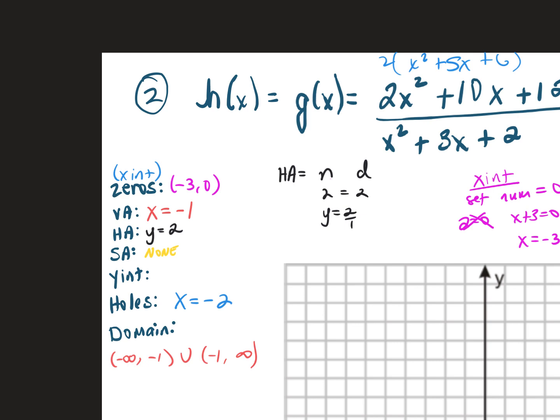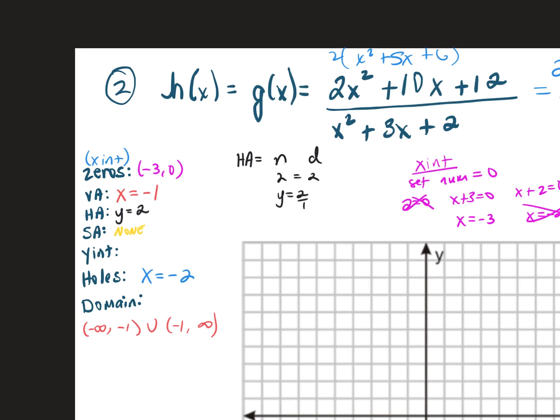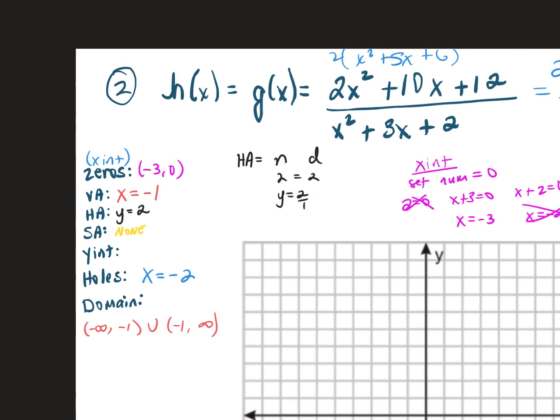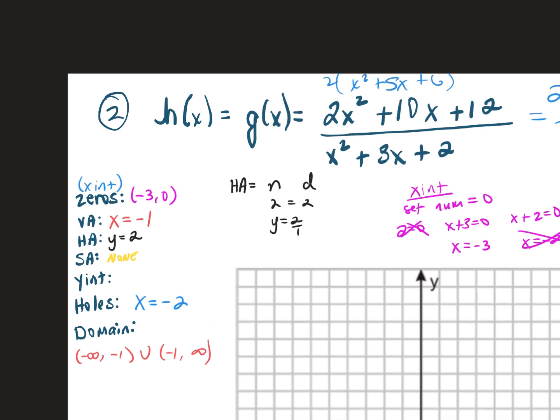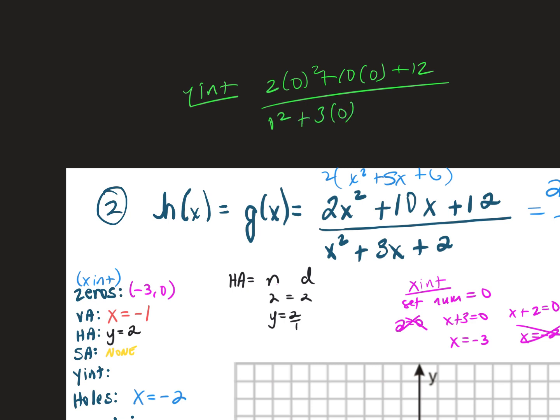Now you'll see, once we figure all this stuff out, this makes your graphing really easy once you identify the stuff. The last thing we need to do is our y-intercept. That's where the graph crosses the y. How do we find the y-intercept? You plug in 0 to everything. So 2 times 0 squared plus 10 times 0 plus 12 over 0 squared plus 3 times 0 plus 2.